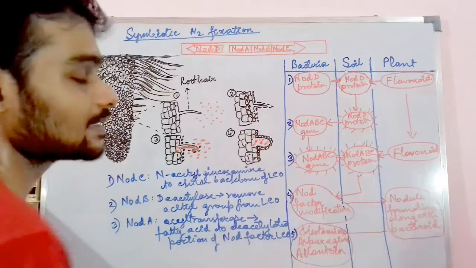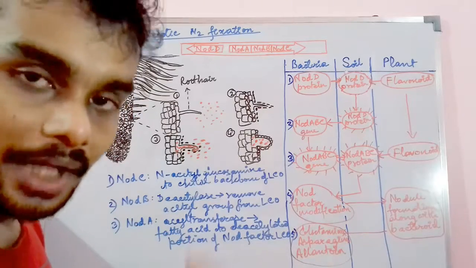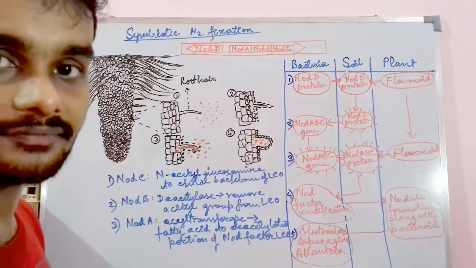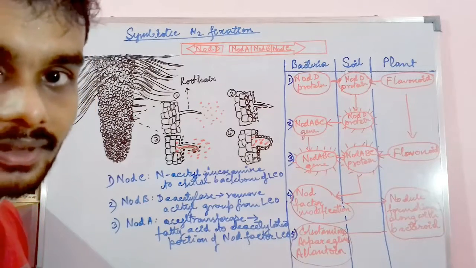These amino acids are supplied to the plant body for development, and the plant body in turn benefits the bacteria by supplying simple sugars, or glucose, or plant carbohydrates.